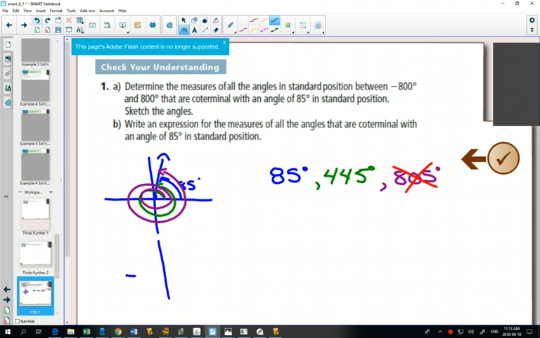So I'll redraw 85 degrees here. We also have to think about negative angles that are coterminal with 85. So this would be one of them. How would I figure out that answer?